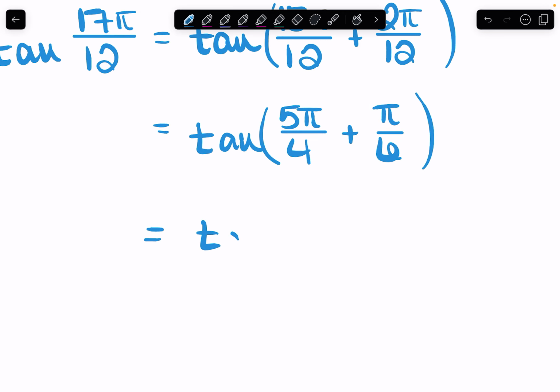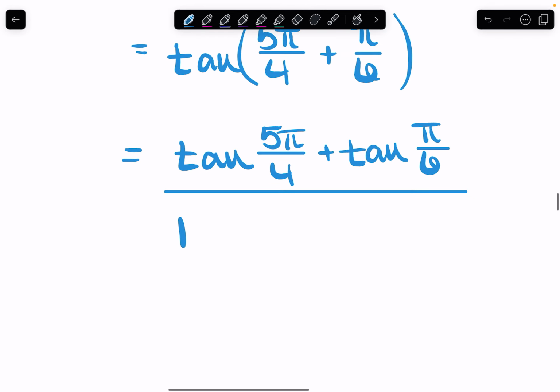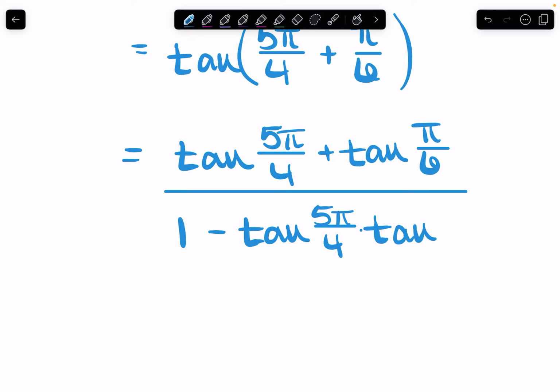Tan, keep the sign. First plus tan of the second. Denominator, 1, opposite operation, so 1 minus, and then it's multiply. Tangent 5 pi 4 times tangent pi 6.